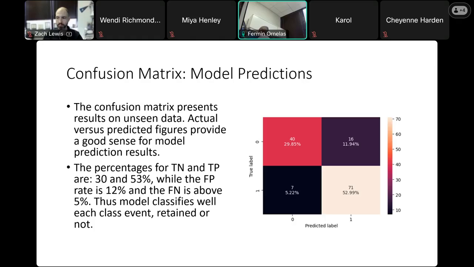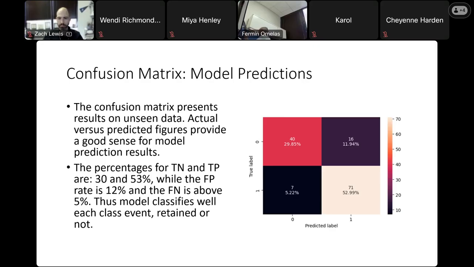But what we want to look at in the model, when we get the confusion matrix, is for most of the numbers to align in the diagonal from left to right. So you see here we got 30% in the upper left-hand corner, and in the bottom right-hand corner, we got 53%. But the features to keep in mind here are the off-diagonals, because the off-diagonals will tell you how well the model is predicting and classifying the students.